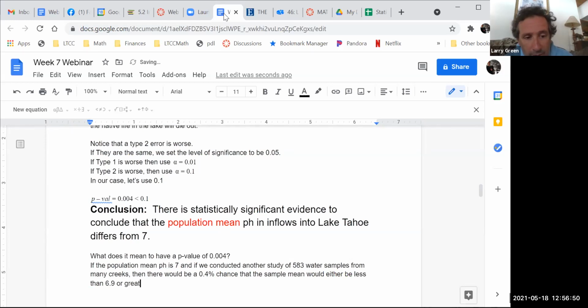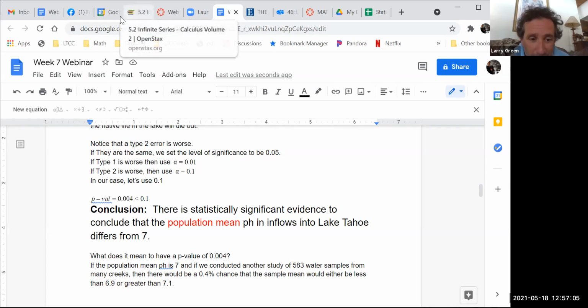or greater than 7.1. How did I get 7.1? Any thoughts? Here's a hint. The pH is supposed to be 7. We got 6.9. Where did I come up with 7.1? It had to do with those two other numbers. Anyone see it?